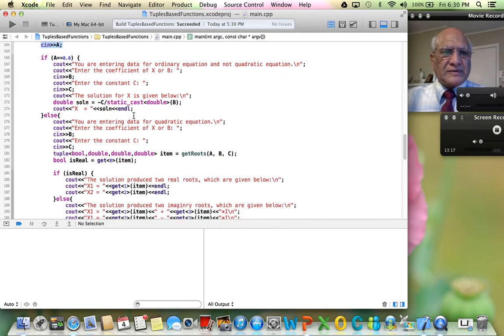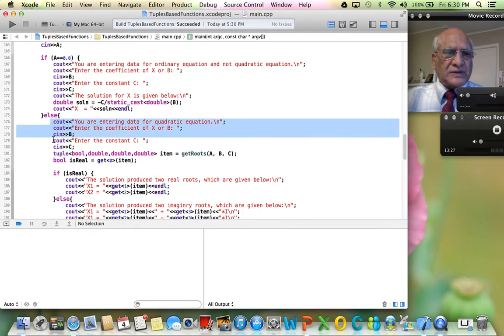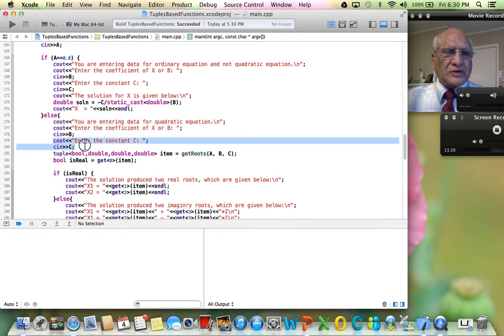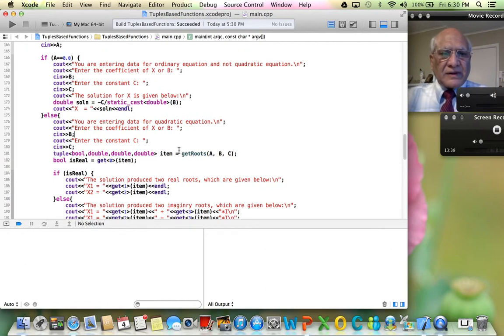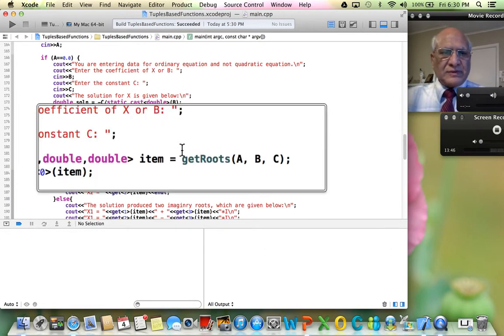But I hope that they didn't enter A equal to 0. In that case, my else block executes, and then I ask them coefficient of X, which is B, and coefficient of C, sorry, the constant C. Okay, and really the tuple function getRoots does the whole job. I really don't have to do anything because I have the function doing everything for me.